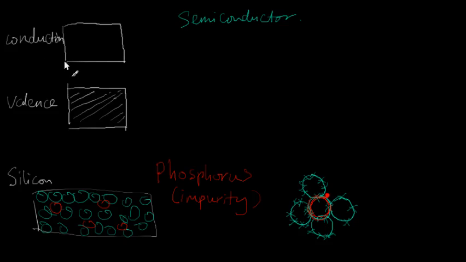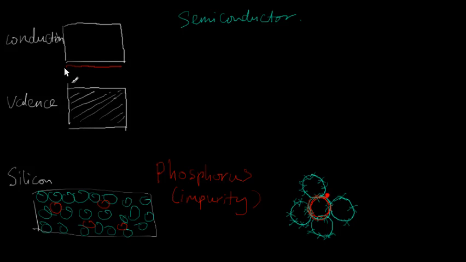So the only thing that I will describe here is that the effect of introducing the phosphorus and producing the extra conduction electron is that the additional conduction electrons that are introduced have an energy level that is just below the conduction band.